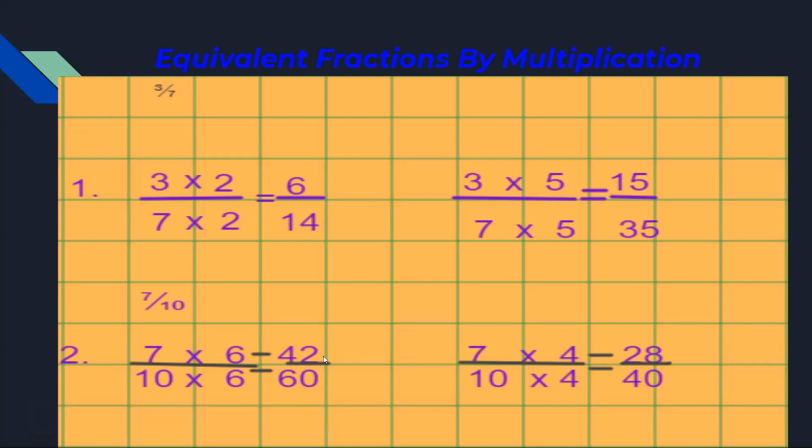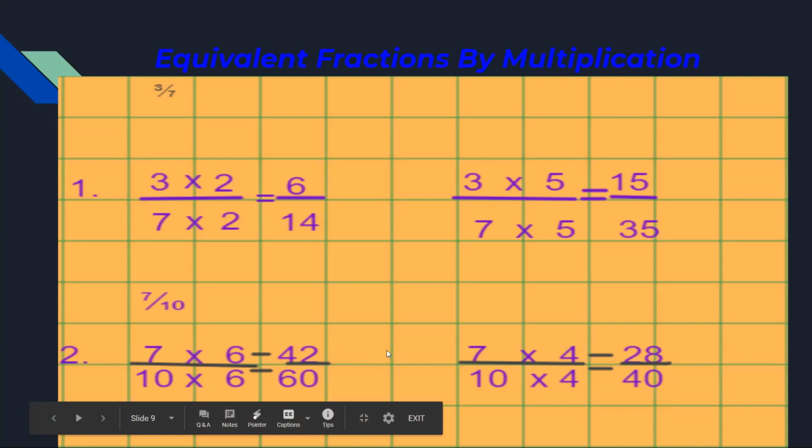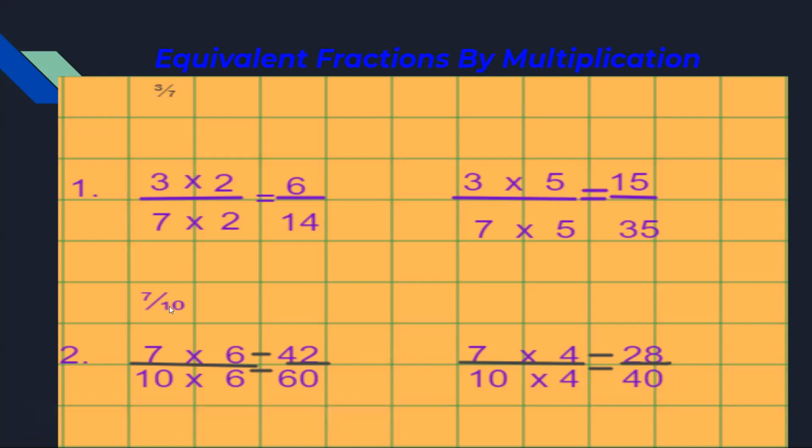So students, 42 upon 60 and 28 upon 40 are two equivalent fractions of 7 upon 10. This is the method of writing the equivalent fraction by multiplication.